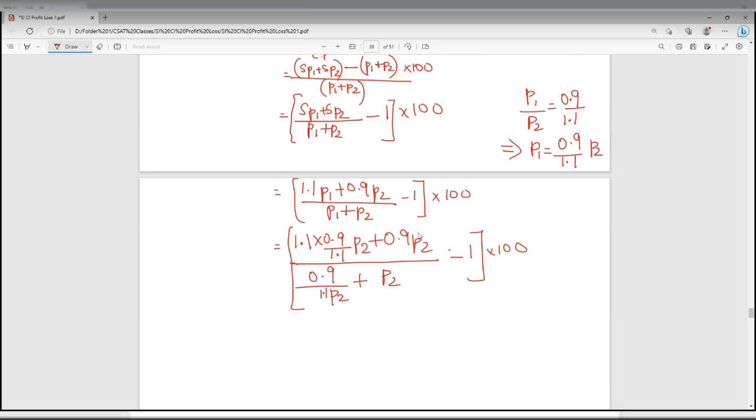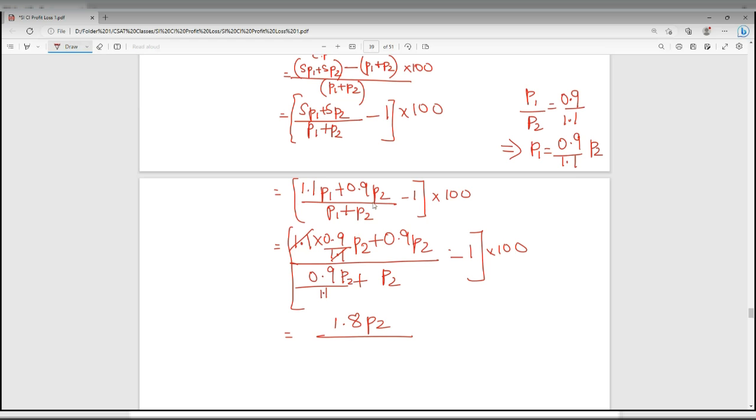So I would cancel this out. This is 1.8 P2 in the numerator.